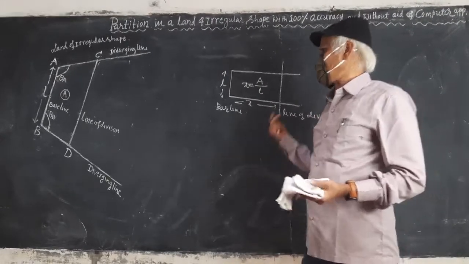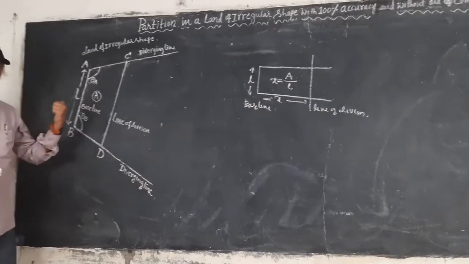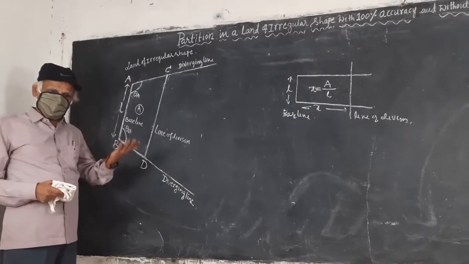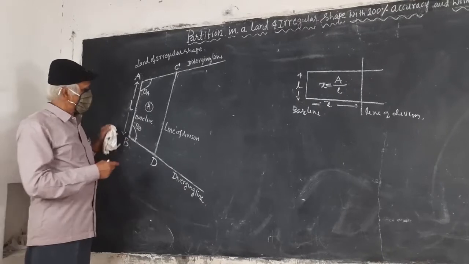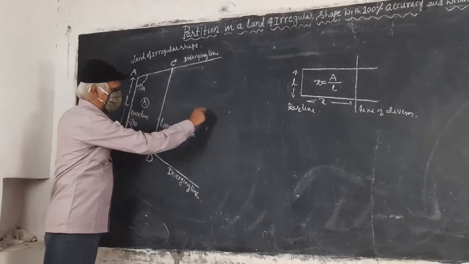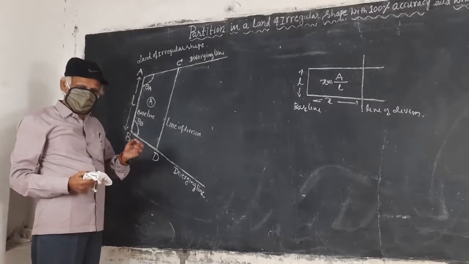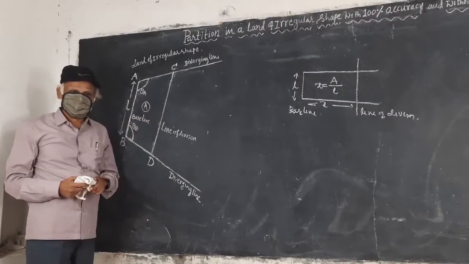Let us see. So in this case, two kinds of divisions or partitions are possible. One is vertical division and the other is horizontal division. In this case, we consider only vertical division.